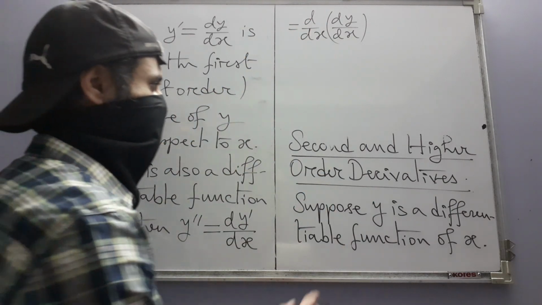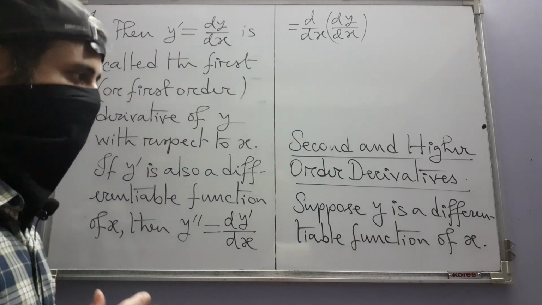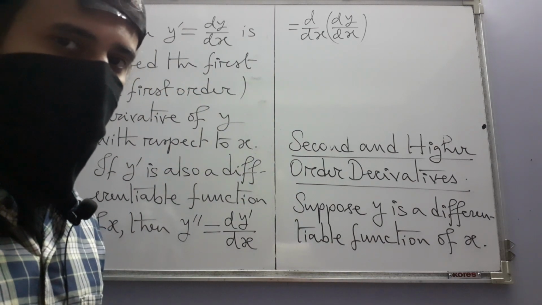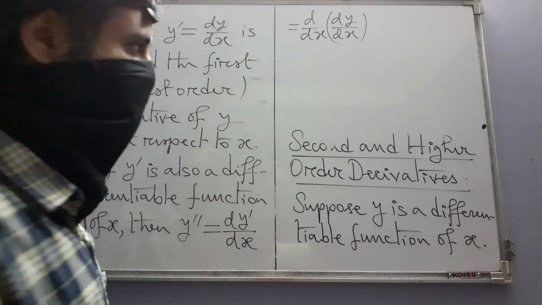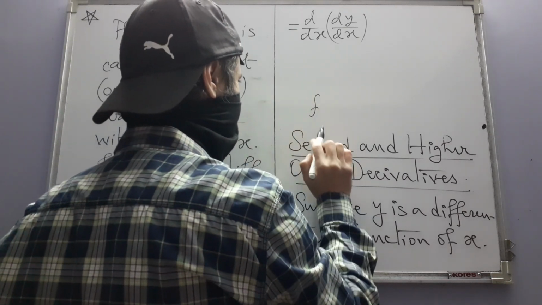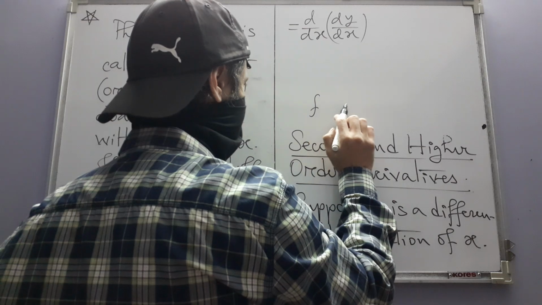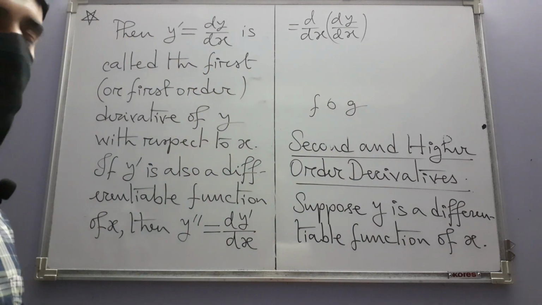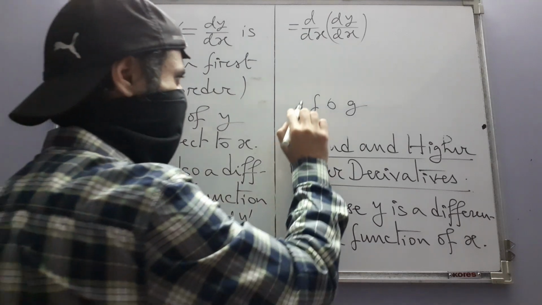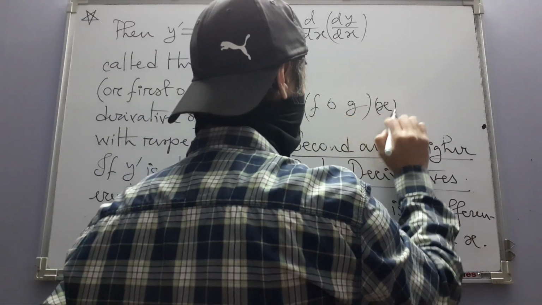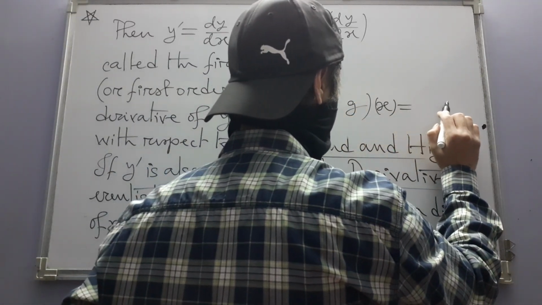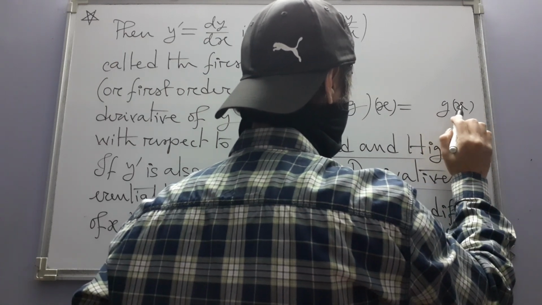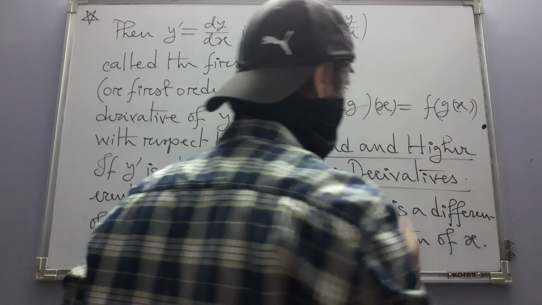It's like this. We already have learned about function composition. When you have two functions, you can compose them together. For example, if f is a function and g is another function, then you can compose them, f composition g. It means that first you apply g on the input x, and whatever you get as output, on that you then apply f.